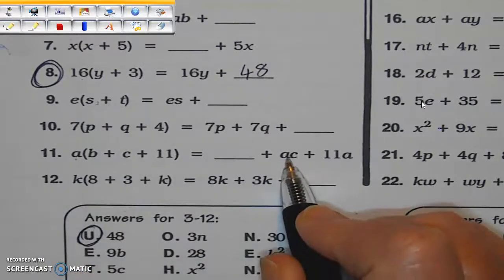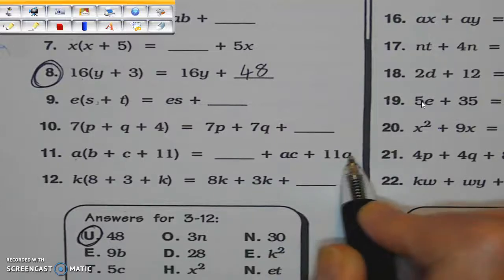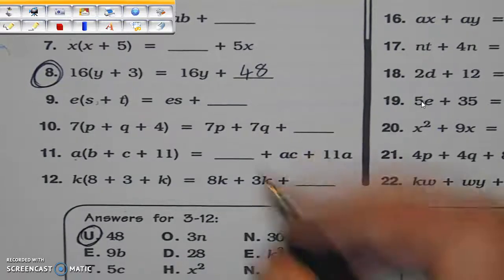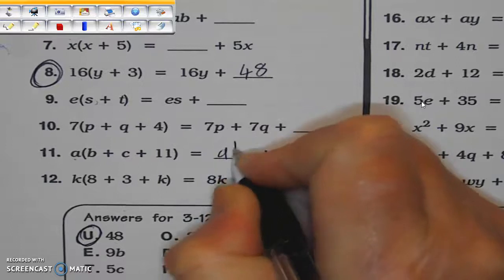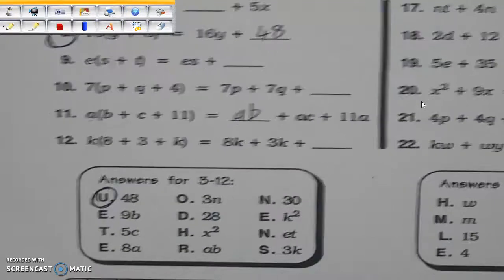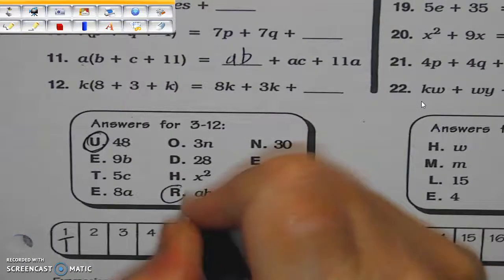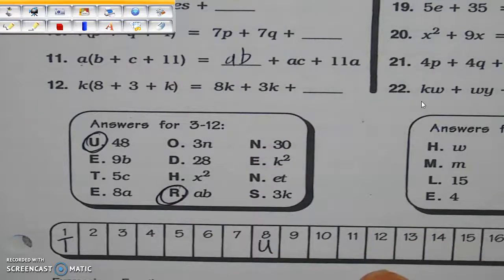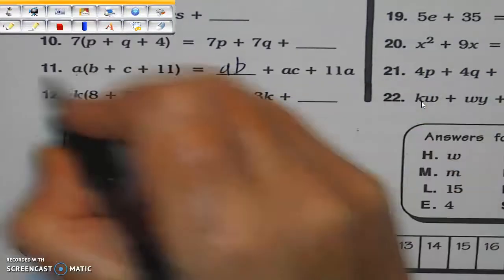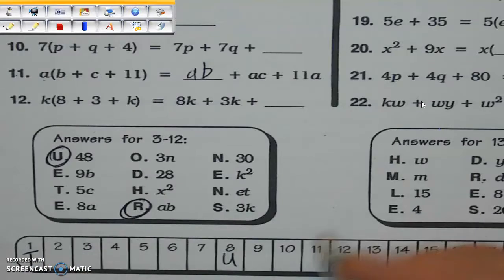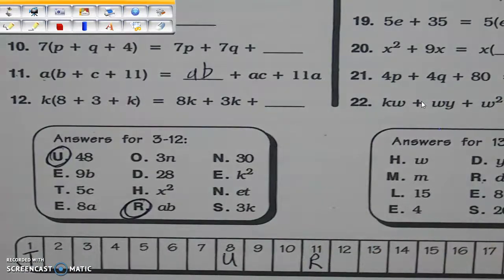And they have the AC and they have the A times 11 or 11 times A. So the thing that's missing is AB. So coming down to the answer grid here, you can see that AB is R. And AB goes into box 11. So an R into box 11.